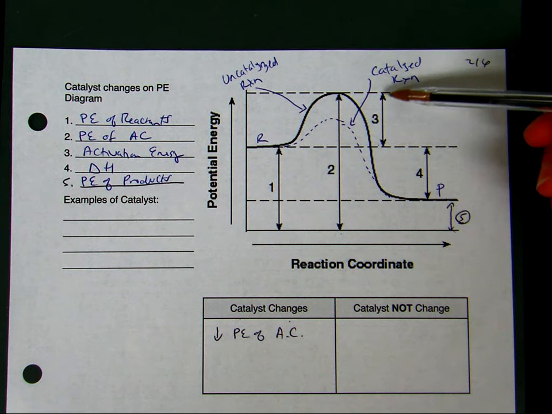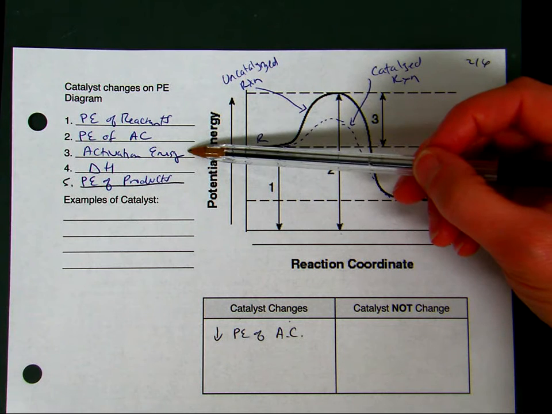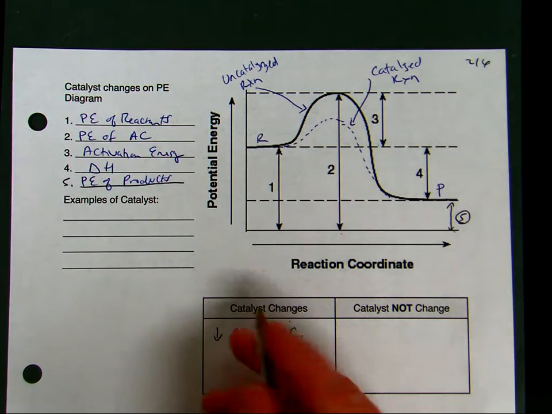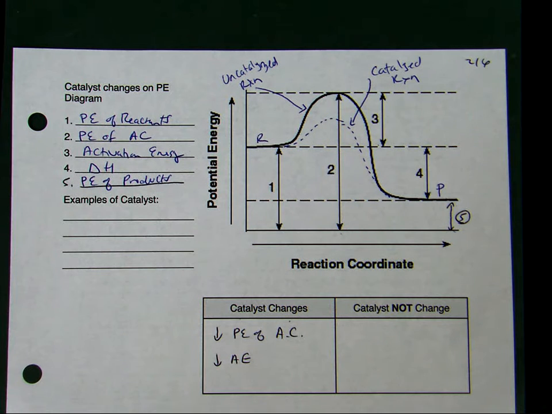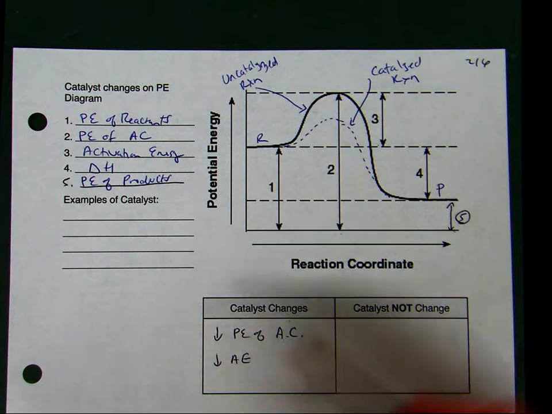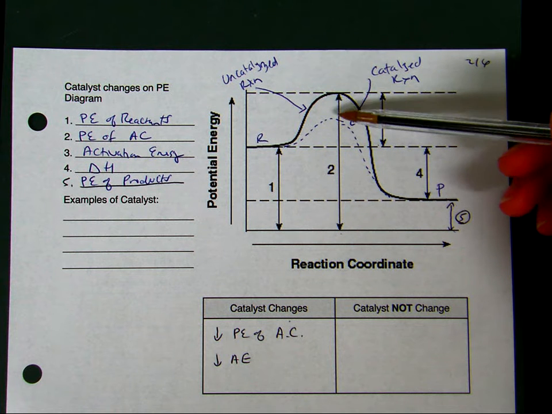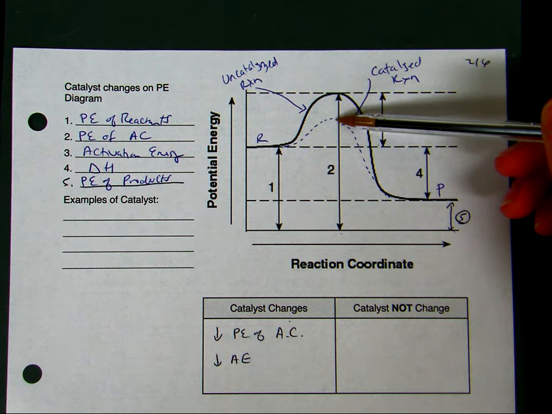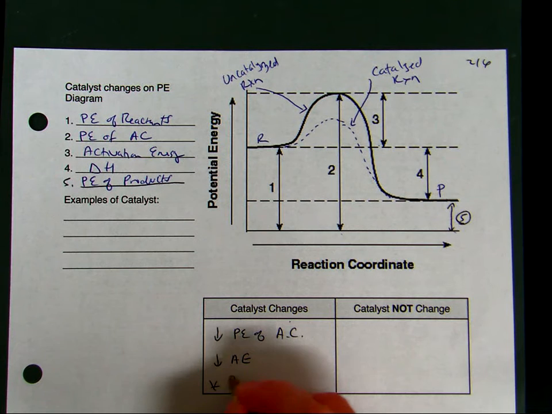I also notice that arrow 3's length has changed. It becomes much shorter. Arrow 3 represents the activation energy, so I see a decrease in the activation energy with the presence of the catalyst. So decreasing the PE of the activated complex, needing less energy supplied by the reaction, I have this shortened pathway.